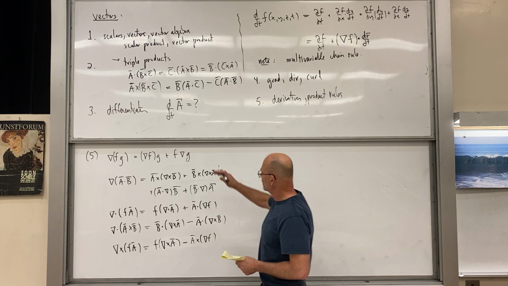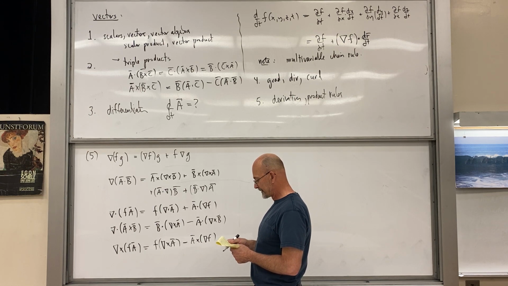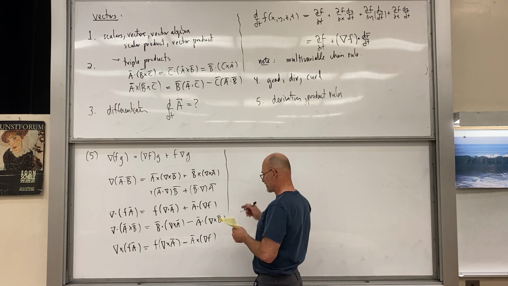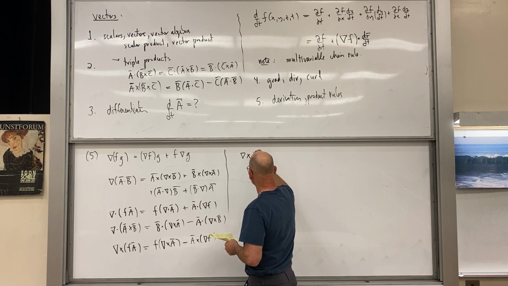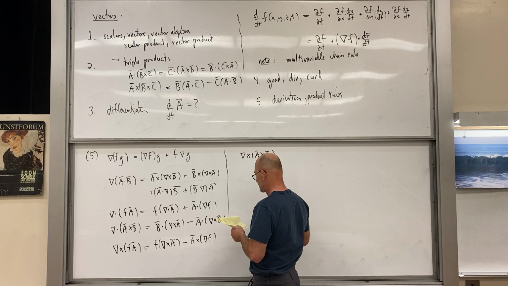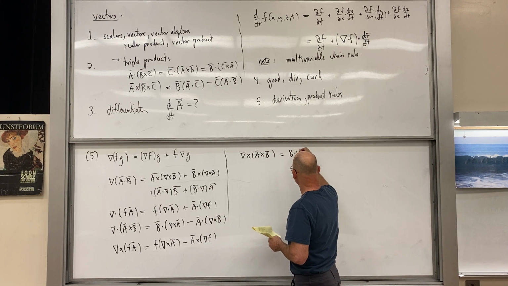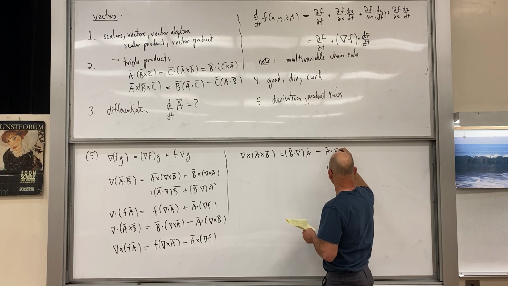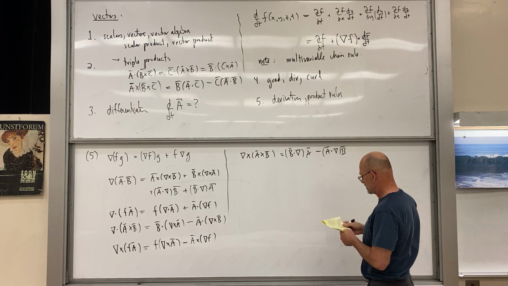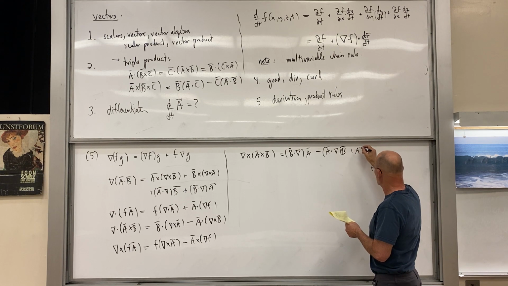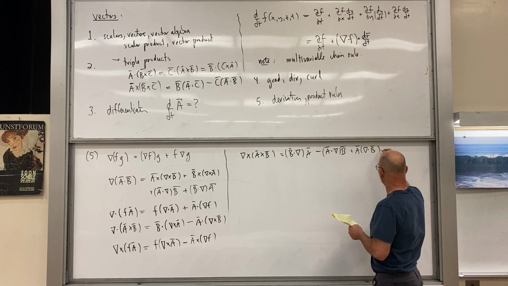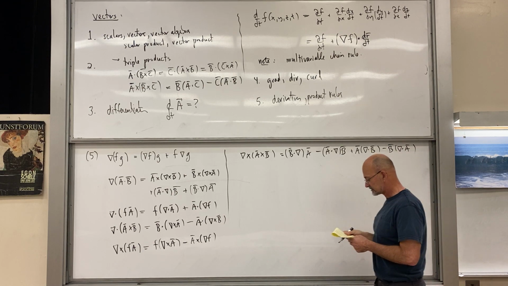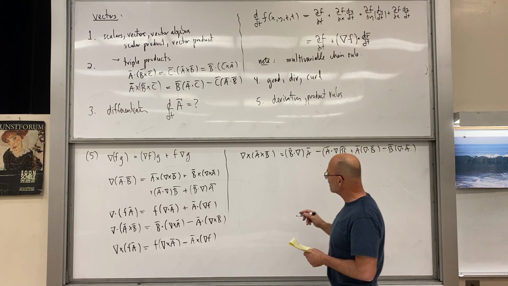And I'm going to number them 1, 2, 3, 4, 5. Continuing, we have curl of A cross B equals B dot grad A minus A dot grad B plus A divergence of B minus B divergence of A. And finally, these are all actually pretty important.